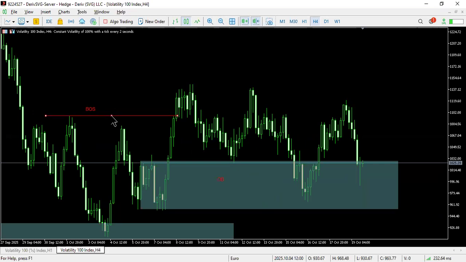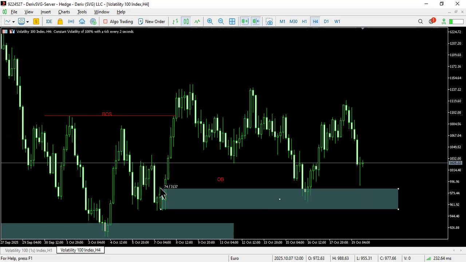So we are just adjusting. That is a break of structure. And then from the 4 hours, this is the order block which caused that break of structure where price is shooting up.